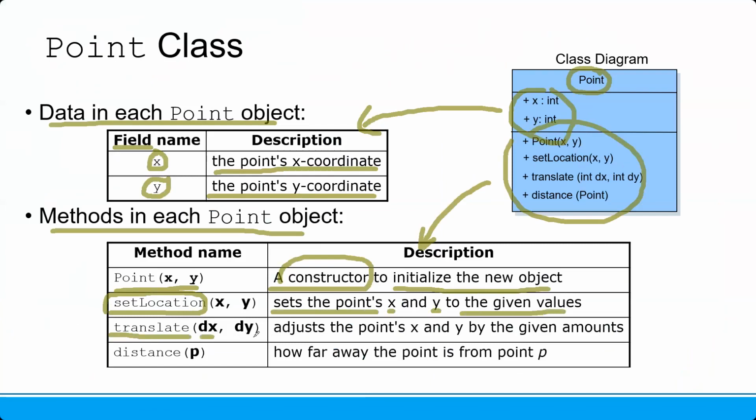Translate dx, dy means we are going to adjust the point X and Y by the given amounts. And distance P, where P means a point, tells how far away the point is from point P. So that's how to describe the methods.